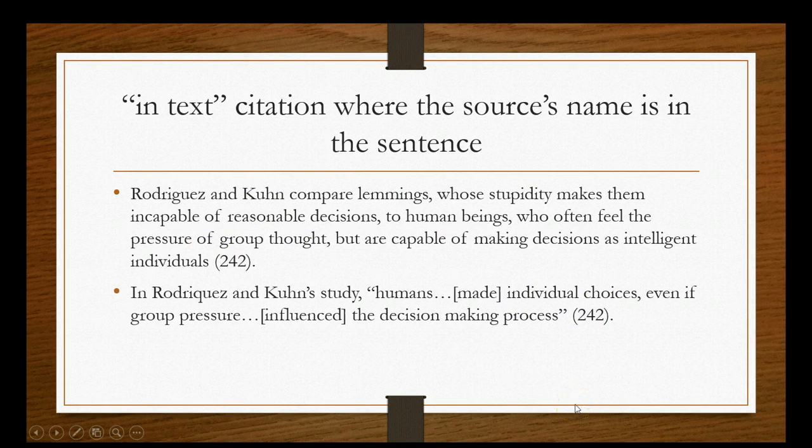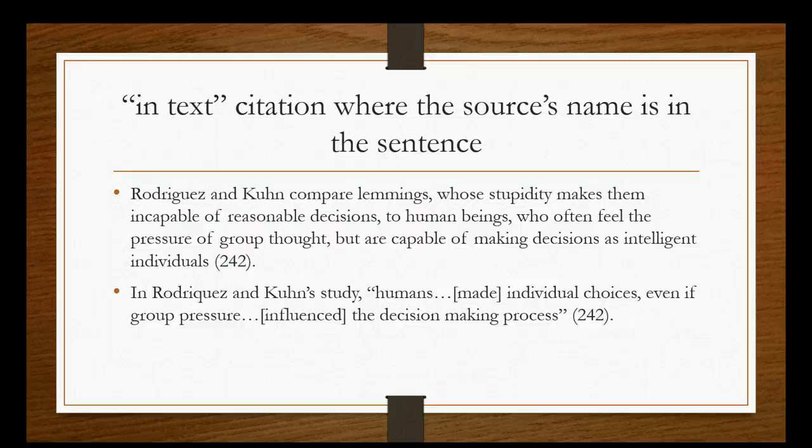In both of these, this is a paraphrase here, and this is a quote. And in both of these examples, the 242 comes at the end, and the author's name comes in the text, in the writer's words: Rodriguez and Kuhn compare, and in the second one, Rodriguez and Kuhn's study.